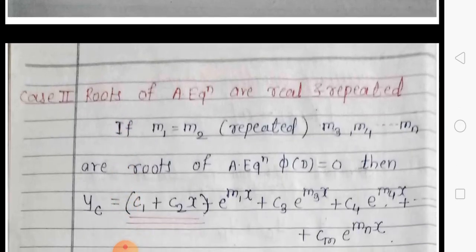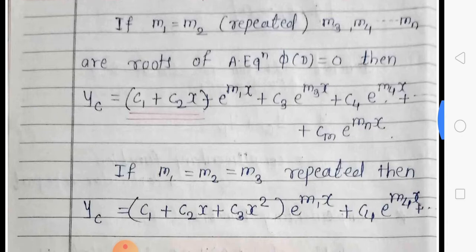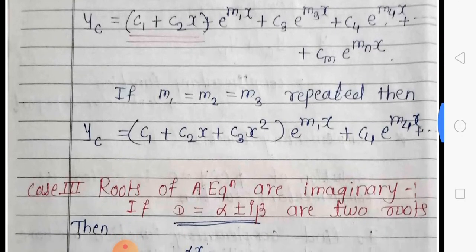Now the second case is roots of the auxiliary equation are real and repeated. If m1 is equal to m2, these are the two roots which are repeated, and all the other roots are distinct, then we write the complementary solution with coefficient c1 plus c2x. Here two roots are repeated, m1 is equal to m2.